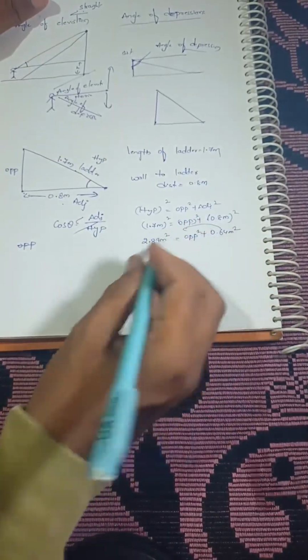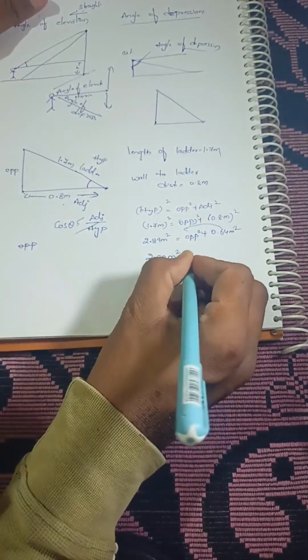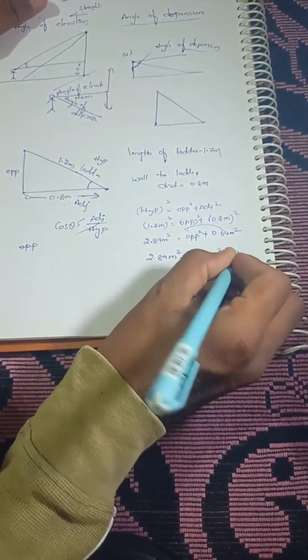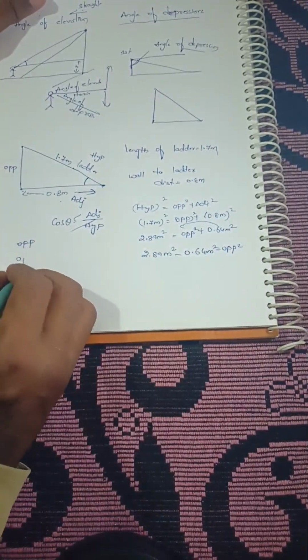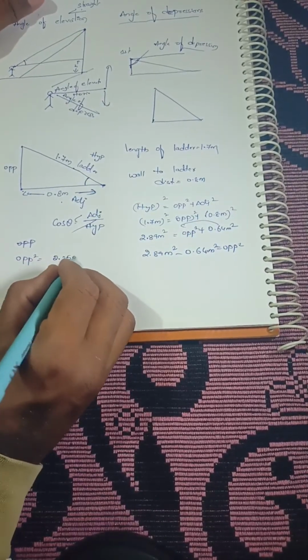Take this to the left hand side. 2.89 meter square minus 0.64 meter square is equal to opposite square. Write it down in order. Opposite square value will be 2.25 meter square.